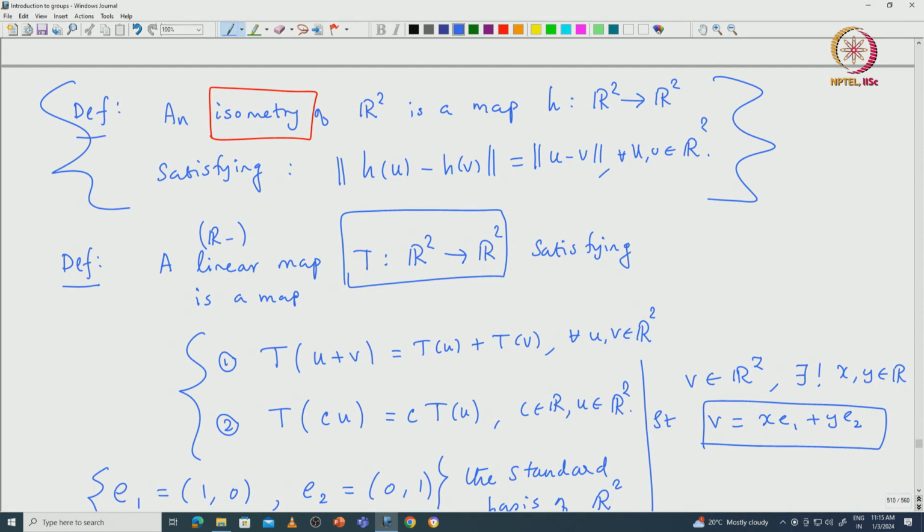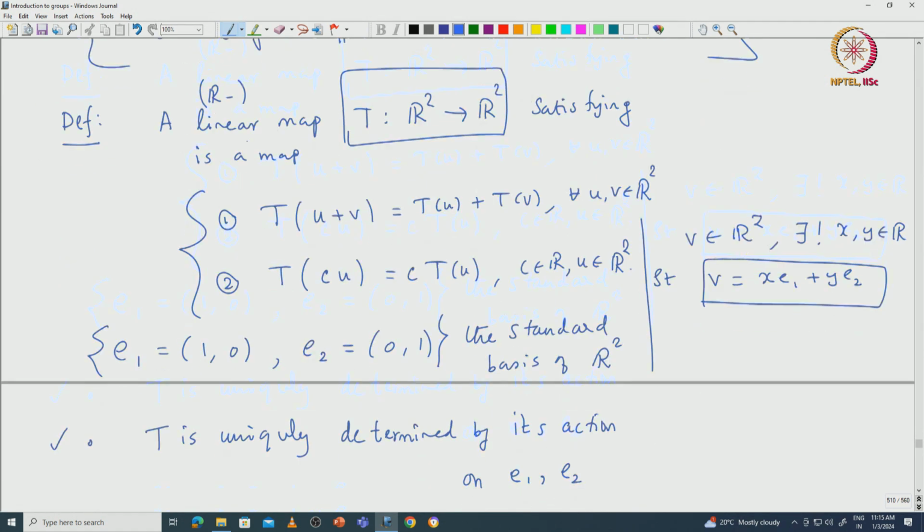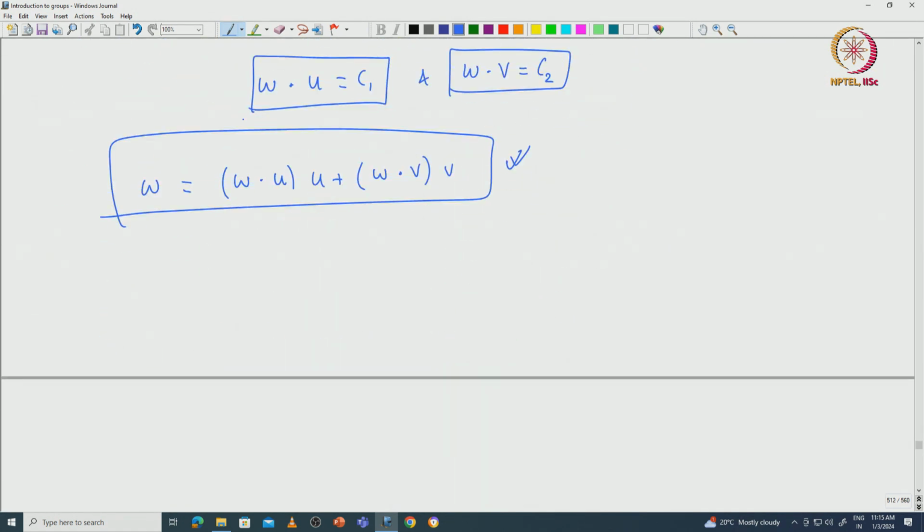That would force the distance between h of u and h of v to be 0, so h of u equals h of v, and if h of u equals h of v, that would immediately imply u equals v. So, if h is an isometry from R2 to R2, then from the definition it is immediate that h is an injective map.